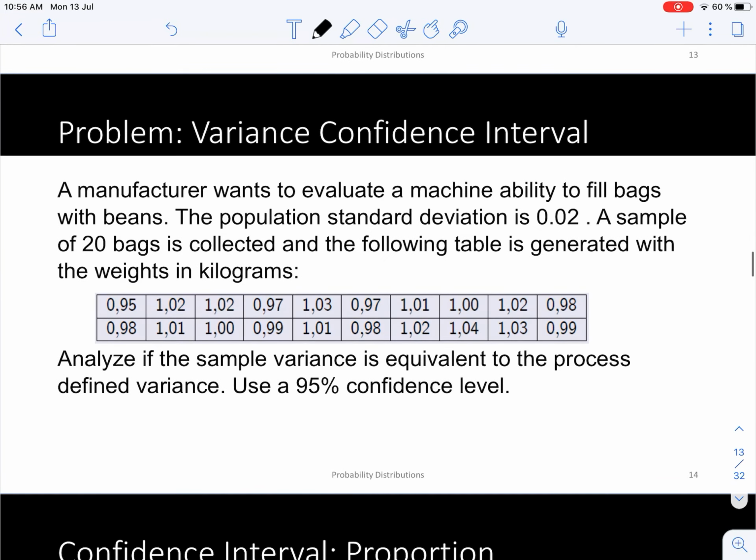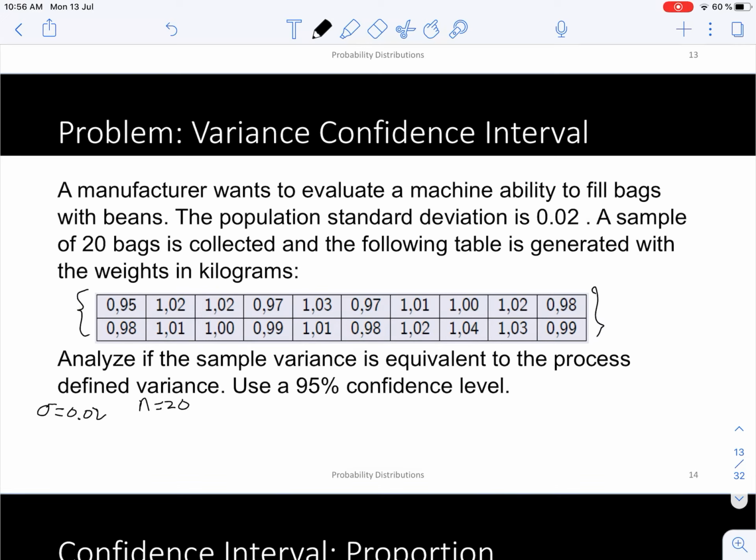So let's solve this problem. It says that a manufacturer wants to evaluate a machine's ability to fill bags with beans. The population standard deviation is 0.02, so sigma equal to 0.02. A sample of 20 bags is collected, n equal to 20, and we have the following table.